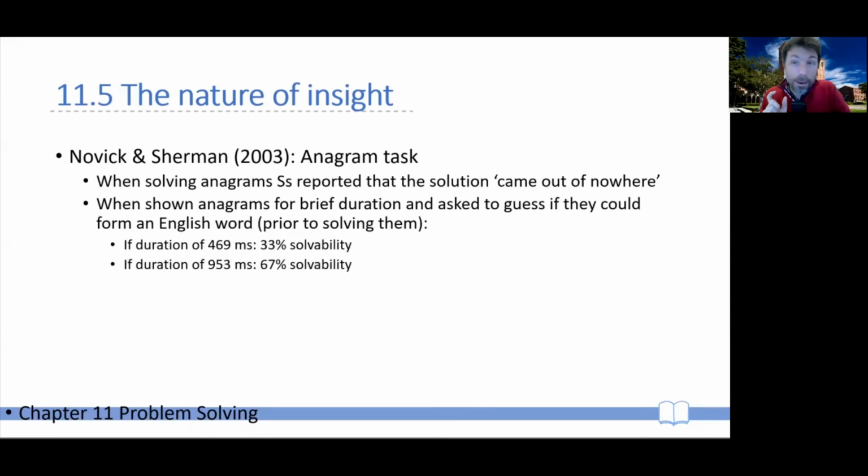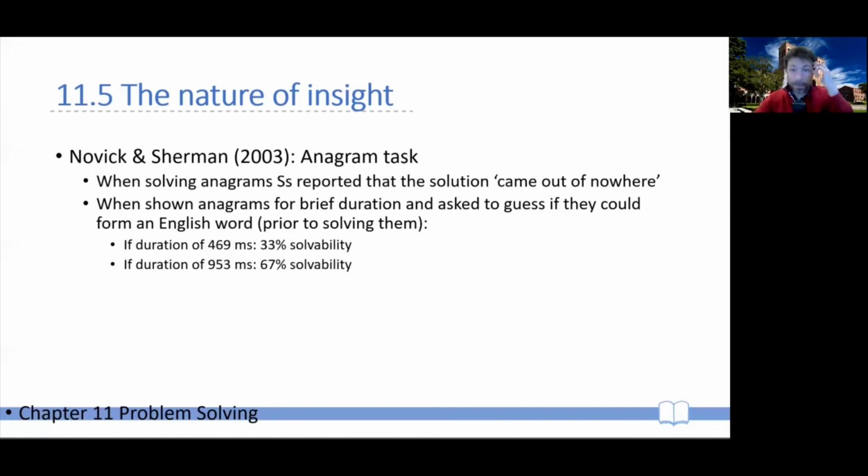If I give you a little longer, even though to you it still feels like you have no idea what the answer is, you have managed to crunch the problem a little more, to the point that you're now much better at guessing if it's an English word or not. Meaning, even though to you it feels as if you're just as far away from the answer as before, somewhere inside of you, there has been some processing of this problem that is getting you closer to the solution.